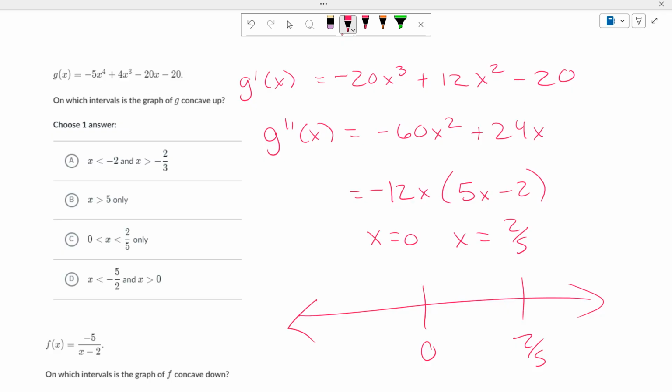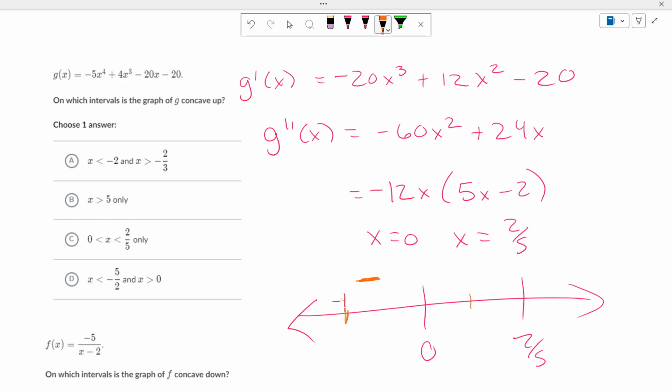Okay, so if we put negative 1 into here, we get a positive here and a negative here. What's a positive times a negative? It's a negative.